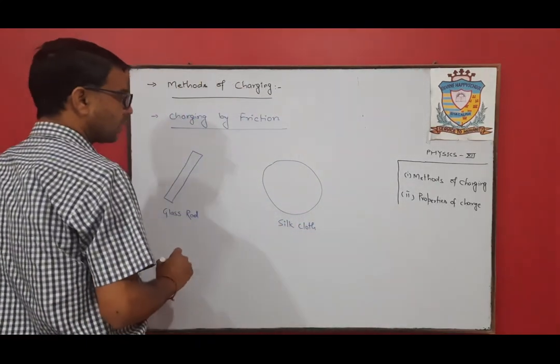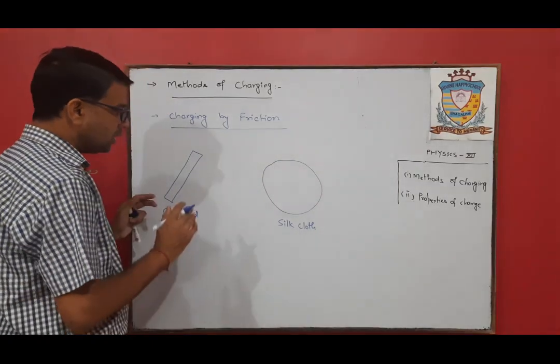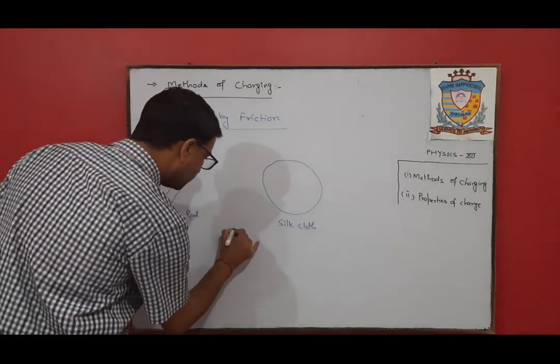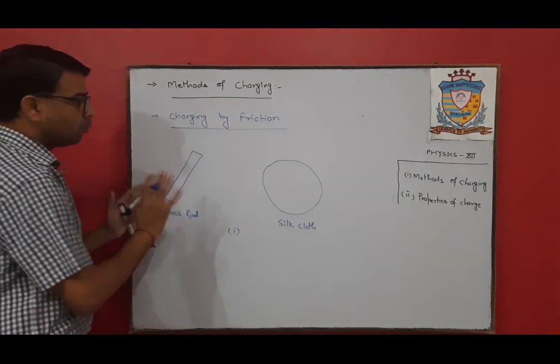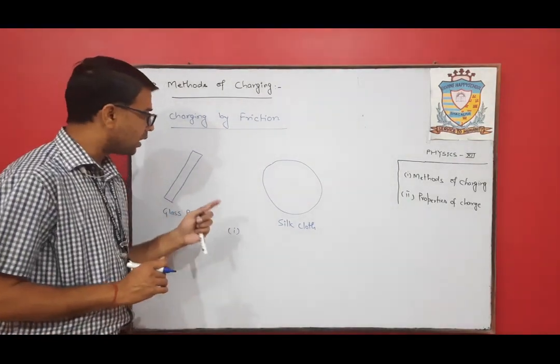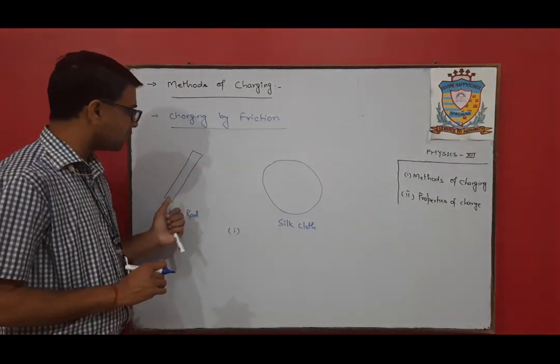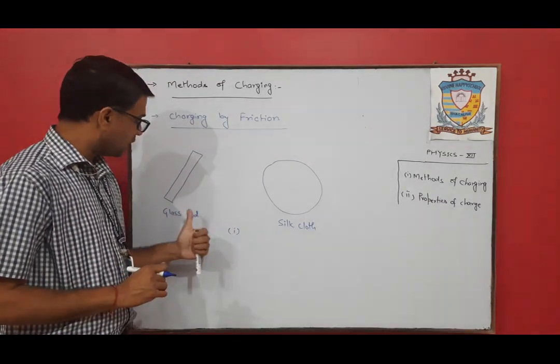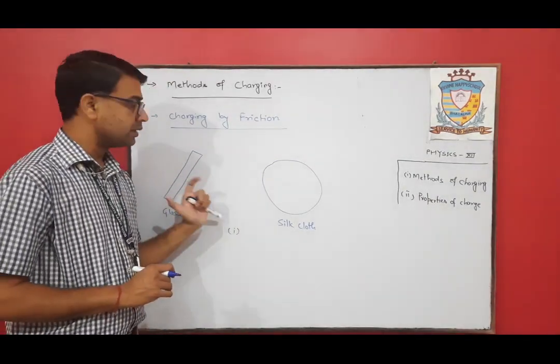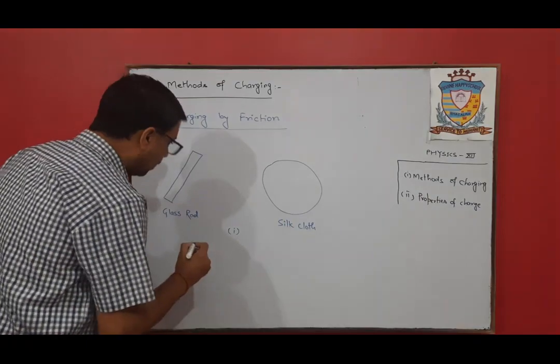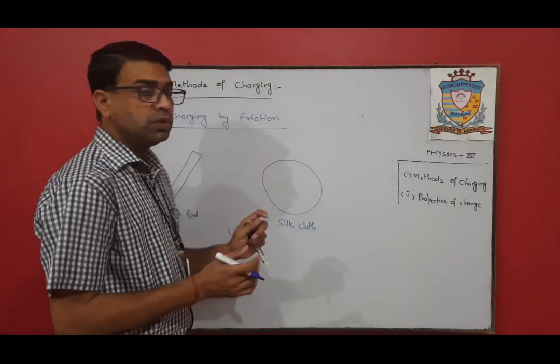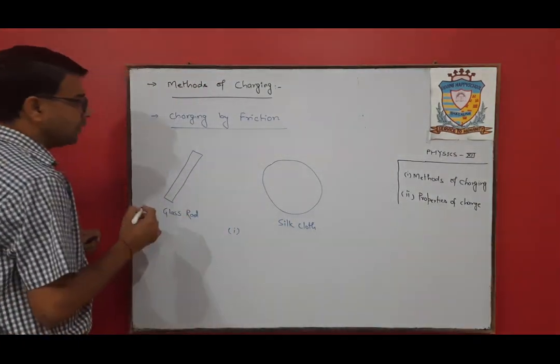Okay, so initially, in the first figure, both are neutral, meaning the amount of positive and negative charge on both objects, the glass rod and the silk cloth, is equal. Now if we rub these two together, what will happen?